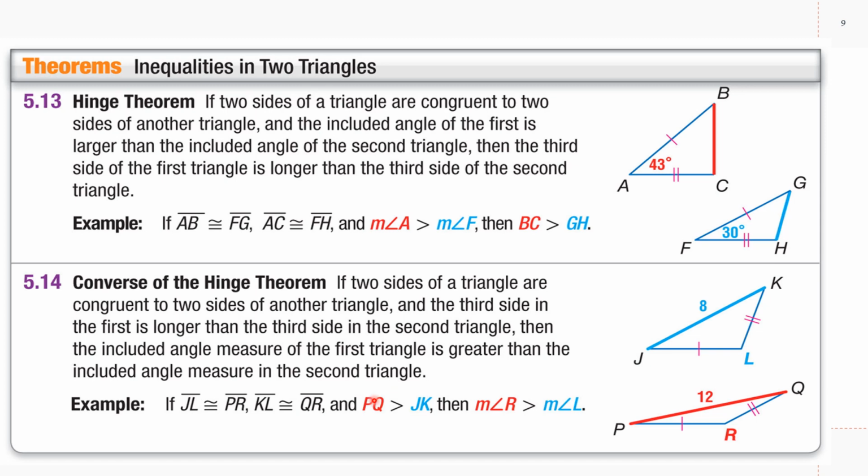So we have here, if segment JL is congruent to segment PR and KL is congruent to segment QR and PQ is less than JK, then the measure of angle R is less than the measure of angle L. Because there is an inequality.